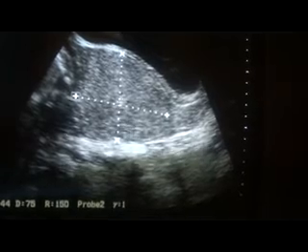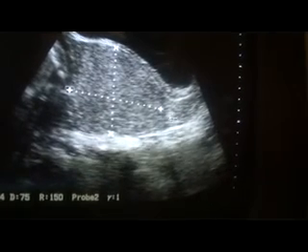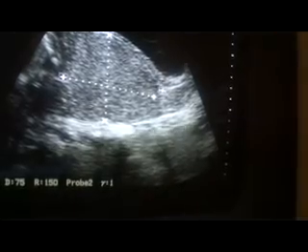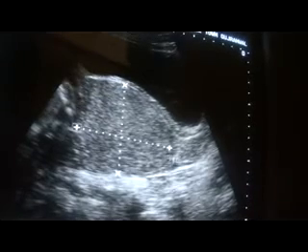This is the longitudinal view of the cervix, where an evenly echogenic area is seen that elevates the anterior wall of the cervix.